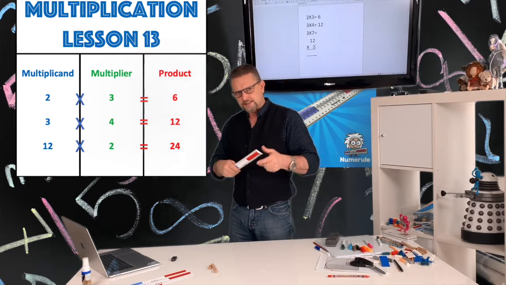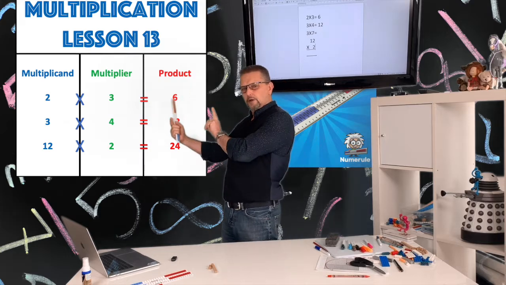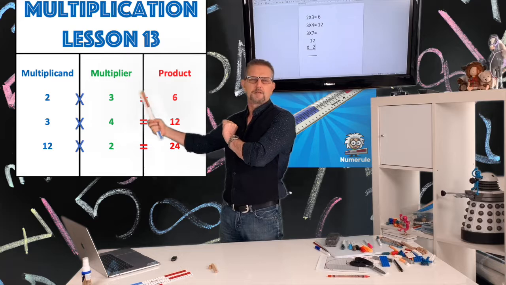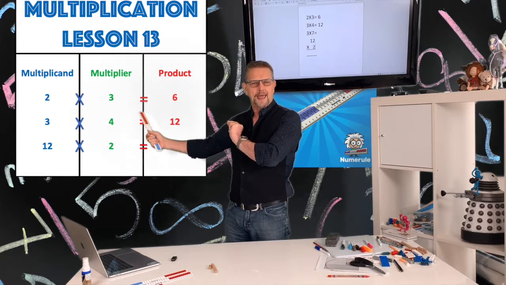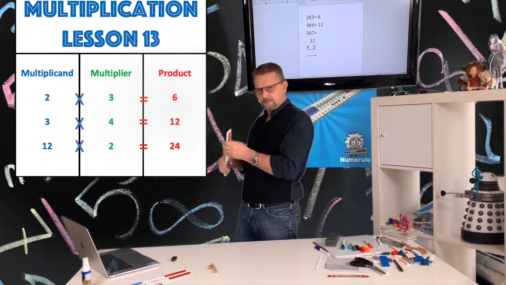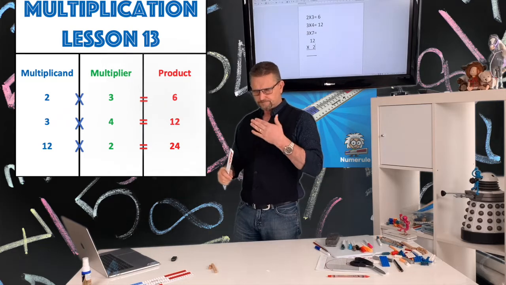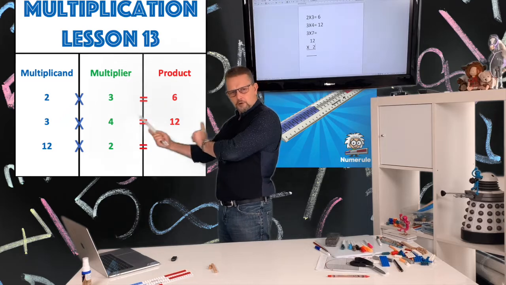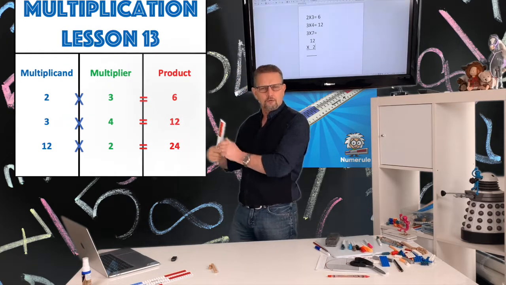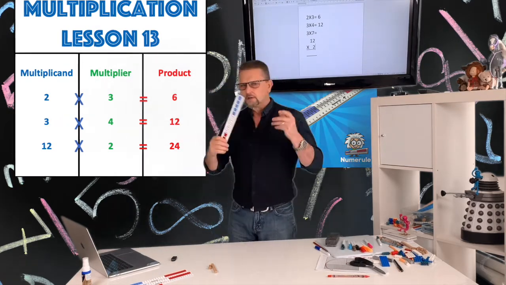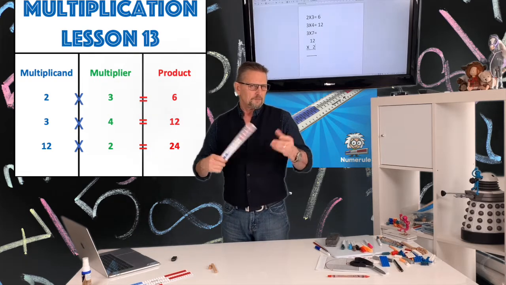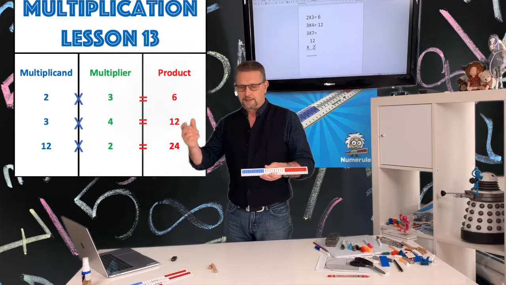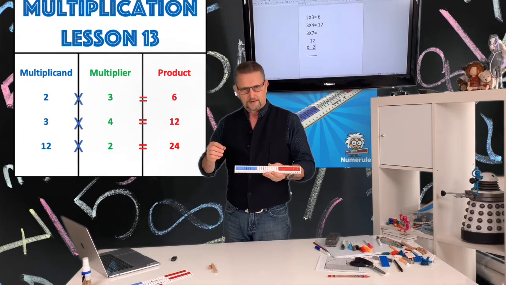But if you want to go that step further, when we look at the factors, the 2, we'll call that, because it's the first number, the multiplicand, and the second factor in that equation is the multiplier. Now when we multiply them together we get an answer and we call that the product. So it's always good to use that terminology if you can remember it with the kids, because it just gets a little bit confusing later down the track if they don't understand that.